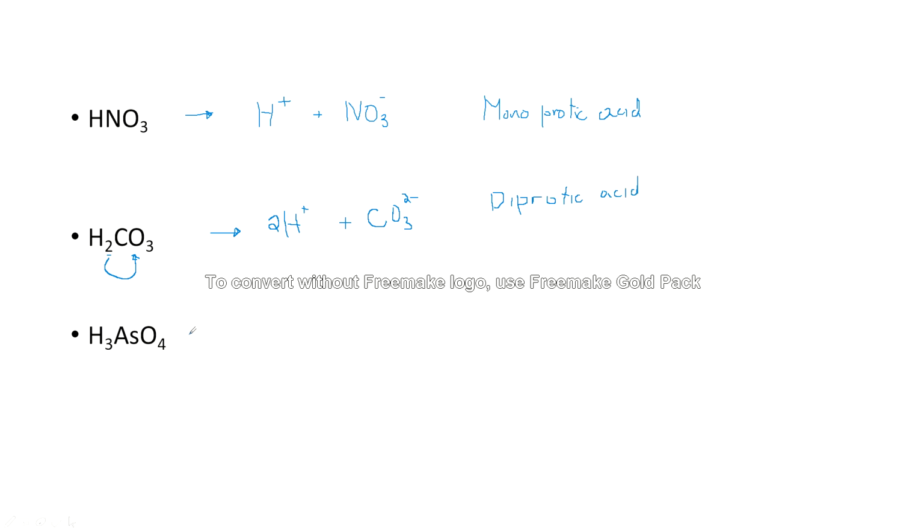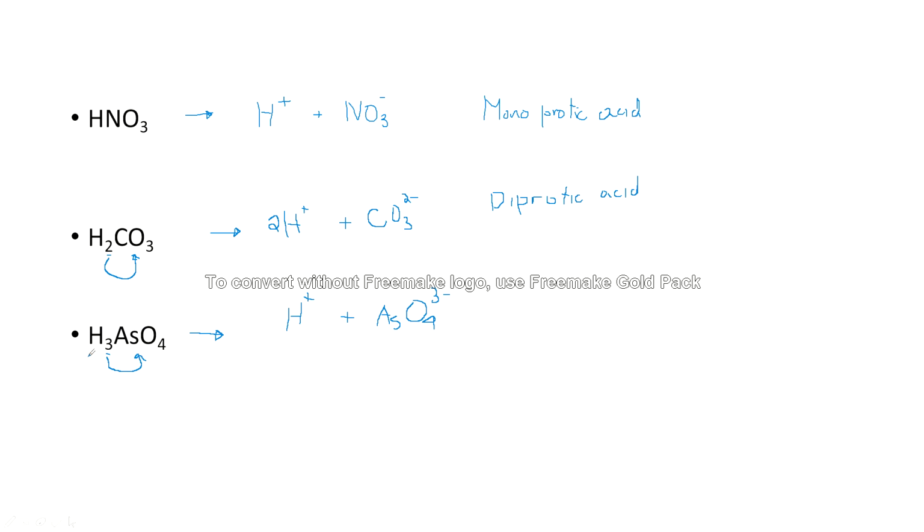Okay, good. Then the last example or exercise is the arsenic acid. If it's dissociated, we have the hydrogen ion, and then we have the arsenate ion, AsO4. As I told you, the number of hydrogen will highlight the charge of the ion. It means that we have a negative charge.